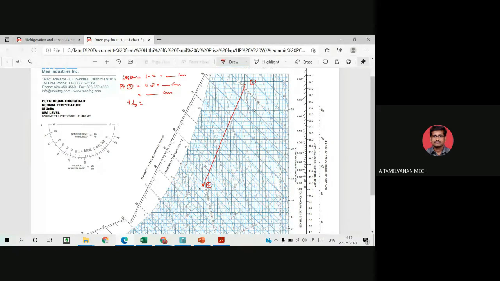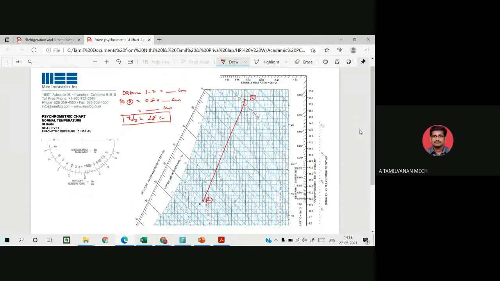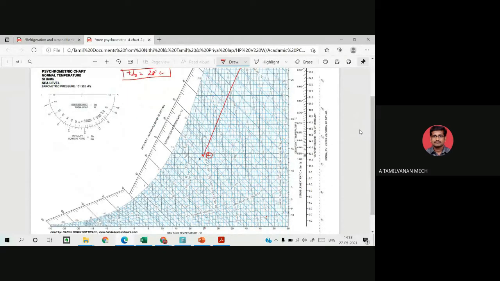The temperature at TD3 is equal to 20 degrees Celsius. Again, I am repeating, I am not able to mark the distance and find position number 3 exactly because I am maximizing and minimizing the image. So it is nearly at a point of 28.3, that is 25, 26, 27, 28, 28.3, where you get point number 3.